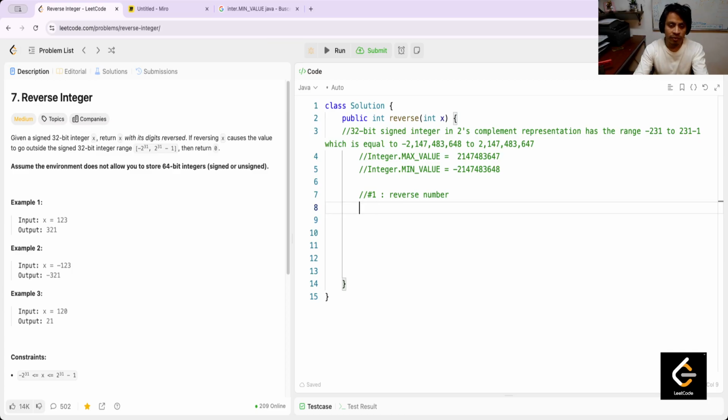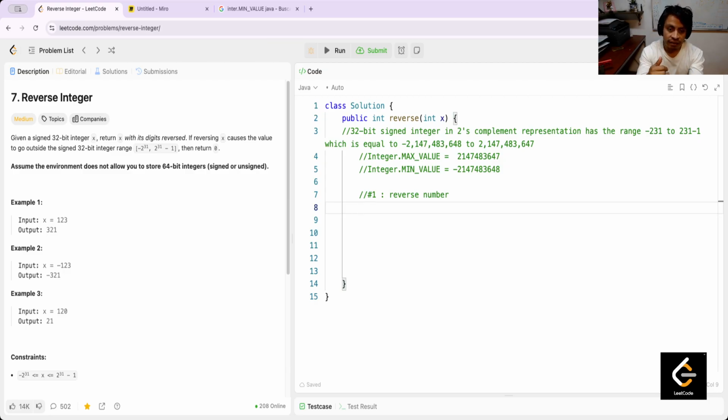Now, reversing a number is easy because the first point we need to consider is that as humans we are using the decimal system, which means every time it increases by 10: 1, 10, 100, 1000, and so on.